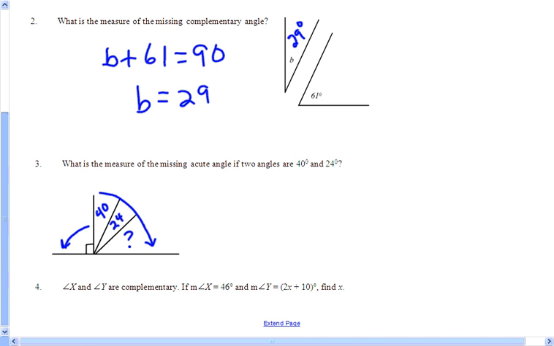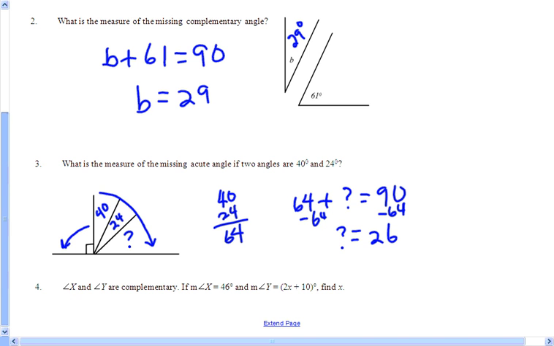So let's go ahead and add the 40 and the 24 together first. And that gives us 64. And we know that 64 plus our missing angle is equal to 90. So we can just take 90 minus 64 to get our missing angle. And that's equal to 26. So our missing acute angle right here is 26 degrees.